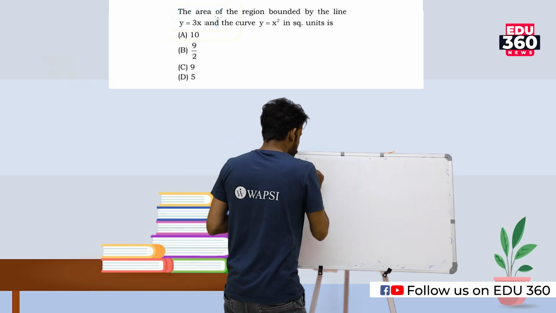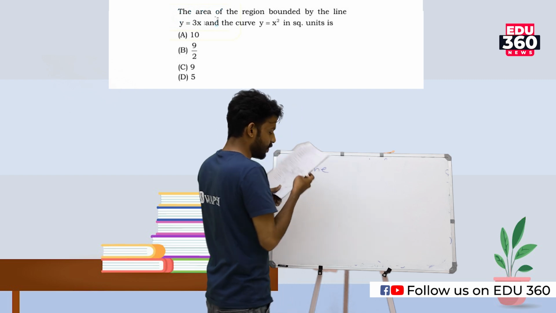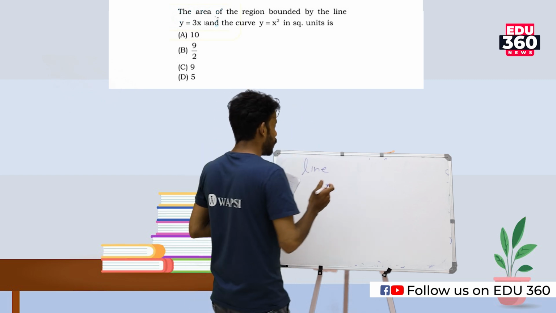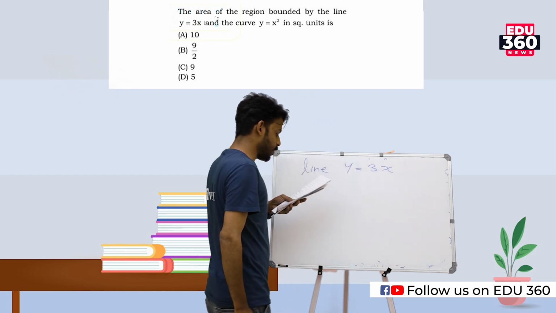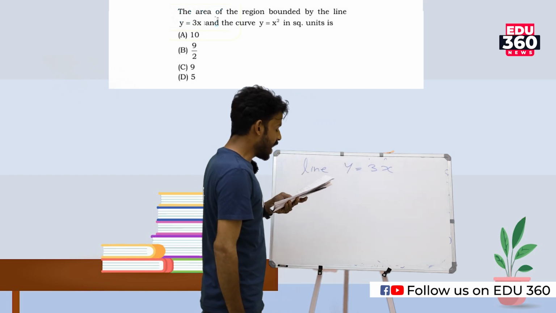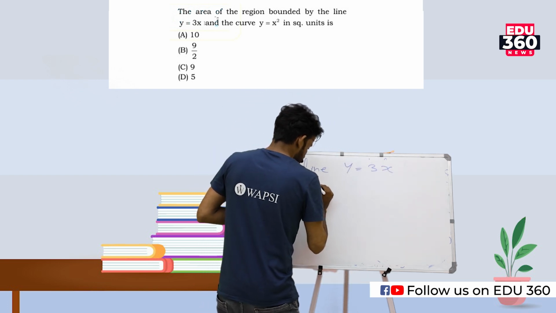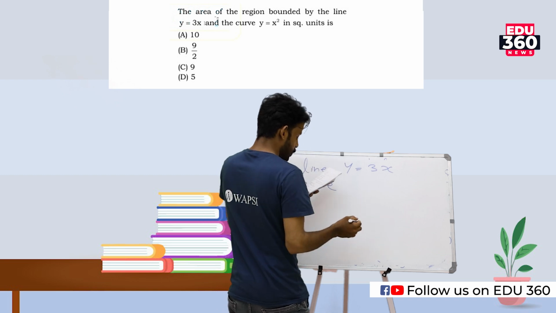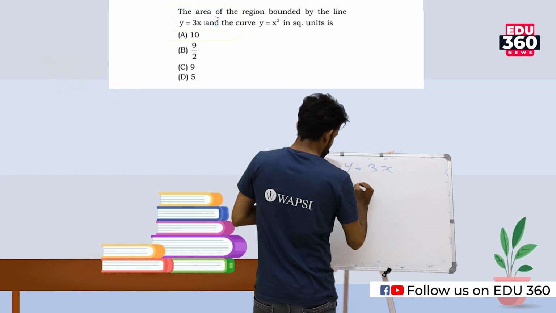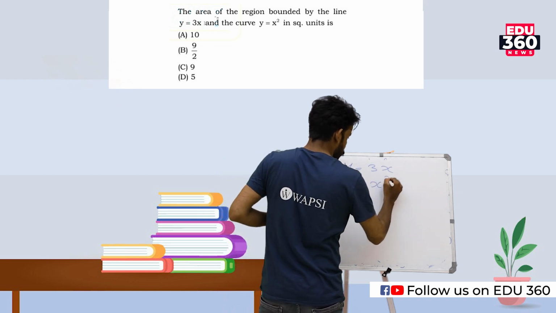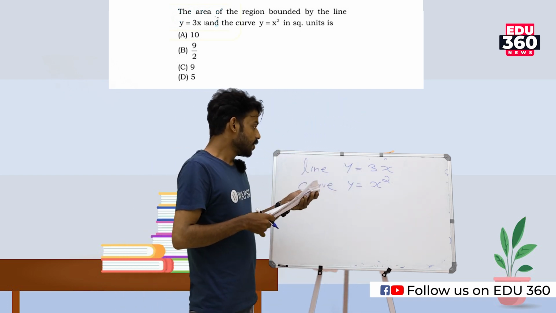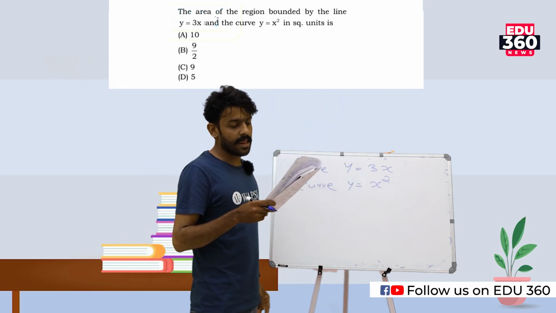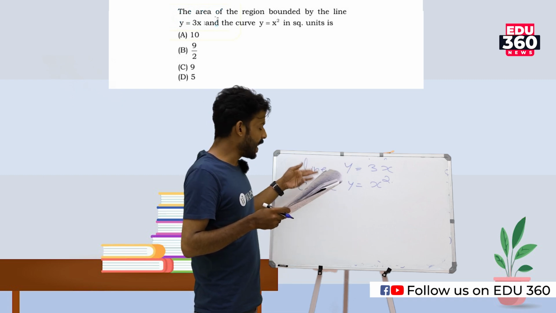The line is y equal to 3x, and the curve is y equal to x square.